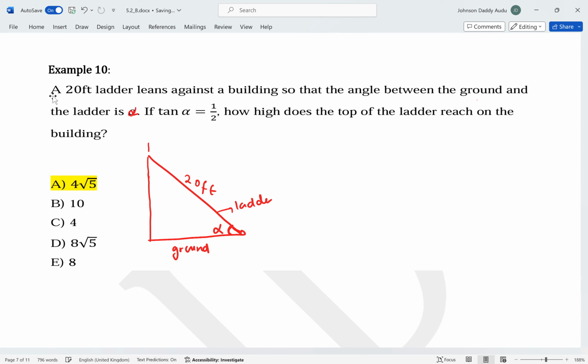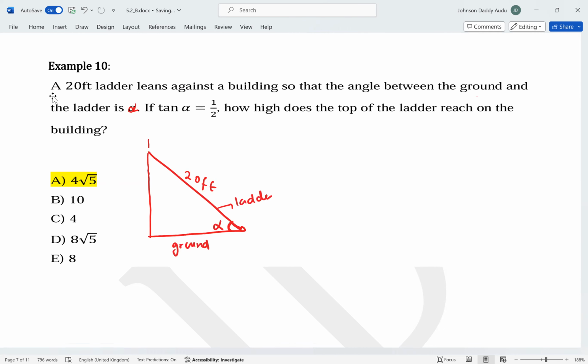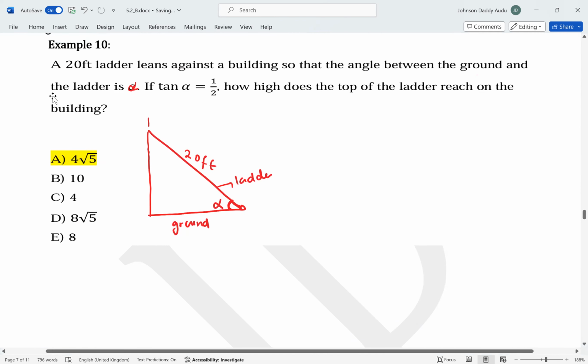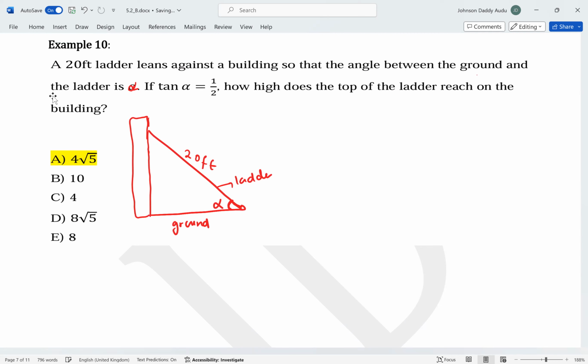And what we are given is that tan alpha is 1 over 2. So how high does the top of the ladder reach on the building? This is the building here. So you are looking for this length here. Let's call it X.